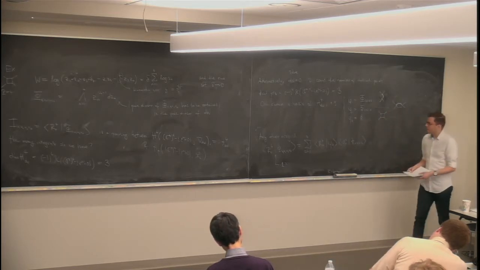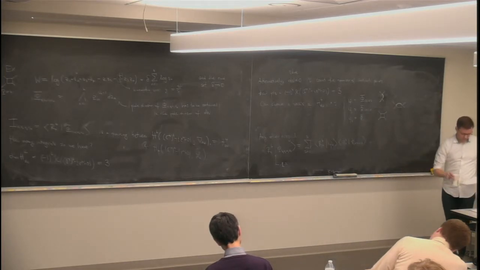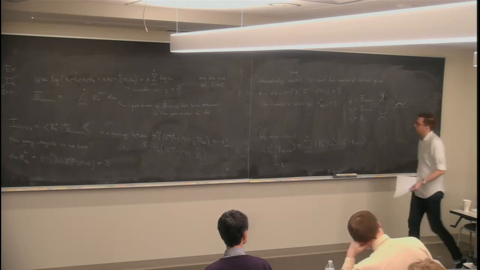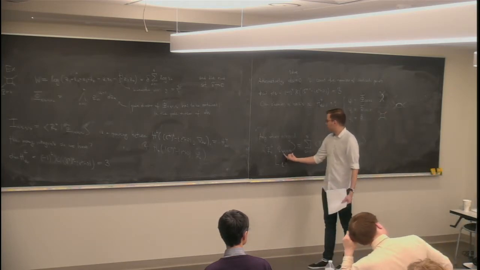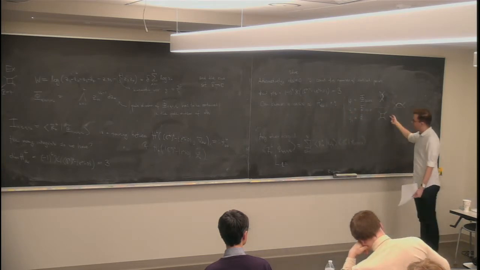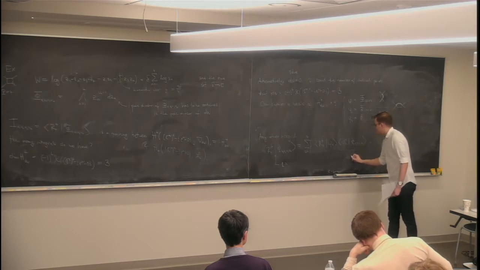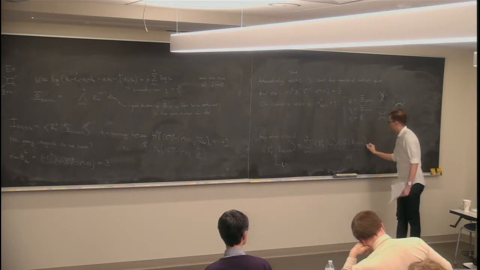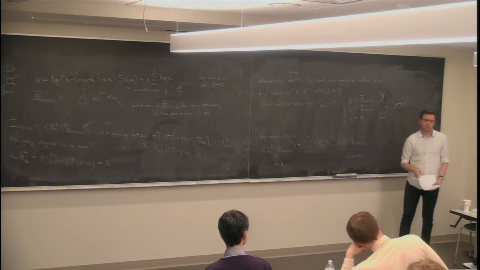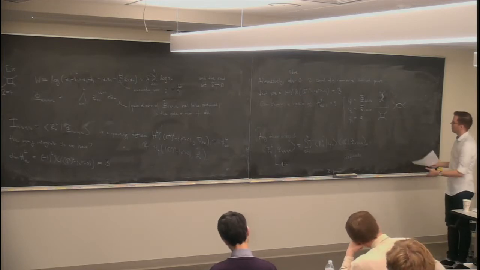So what this told us is that the original integral with some arbitrary denominators can be expressed in a basis of these three integrals, and the coefficients of this expansion are just given by these intersection numbers. Okay, so now they have a different interpretation as computing the coefficients of this expansion.